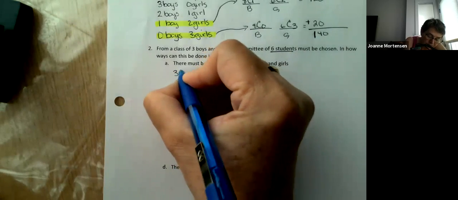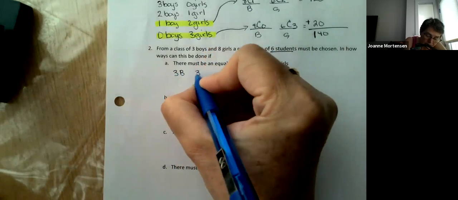All right. We have to have 6 students. We've got boys and girls. Now we need an equal number of boys and girls. So if it's 6 students, that means 3 boys and 3 girls. So boys, girls. We're at 3 boys, and I have to choose 3.